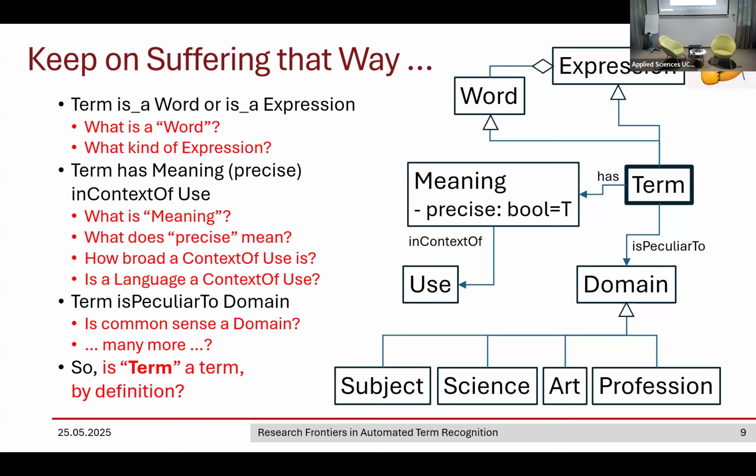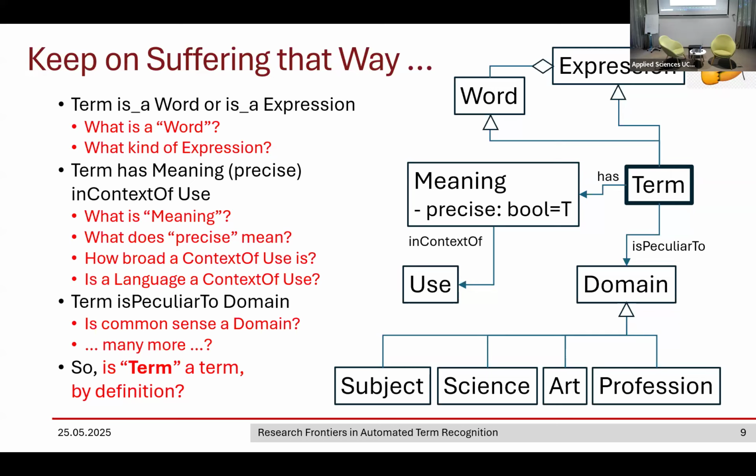What is a word? Is it a term or not a term? What kind of expression? Is it a mathematical expression? Is it a logical expression? Is it just an informal expression? Is it a normative expression? What is the norm? And so on and so forth. A term has meaning with a qualifier precise in the context of use.